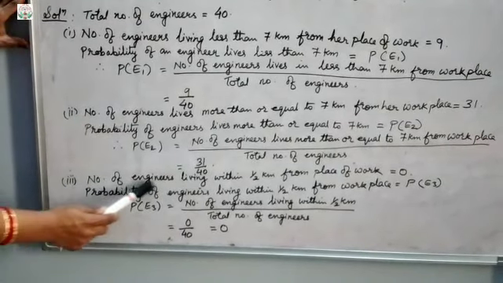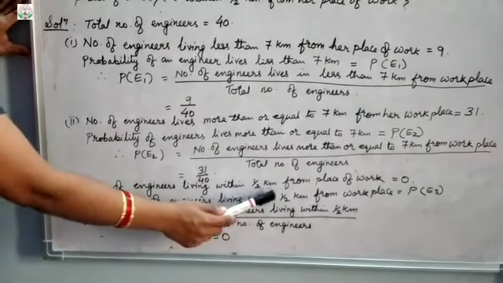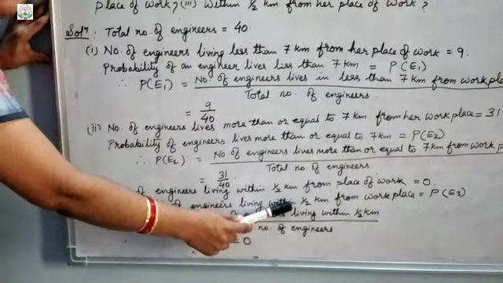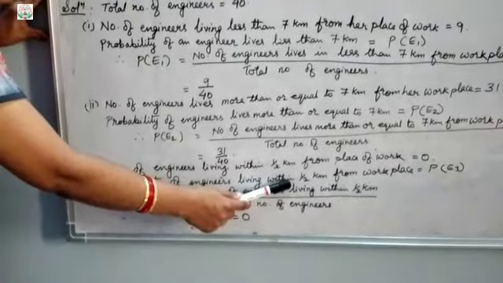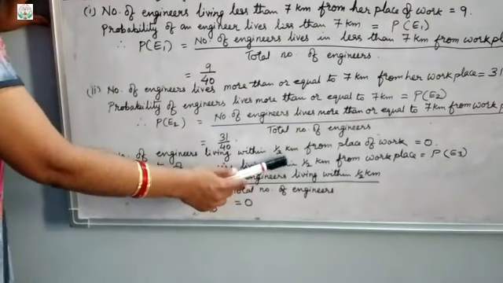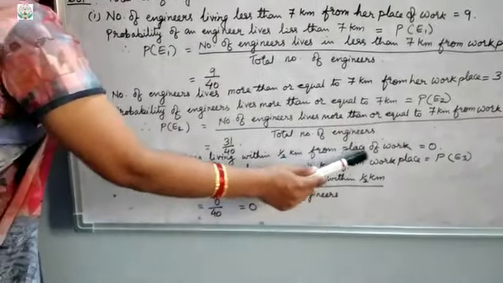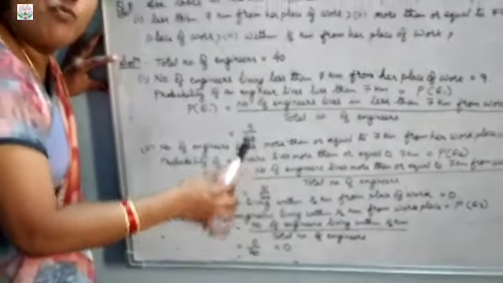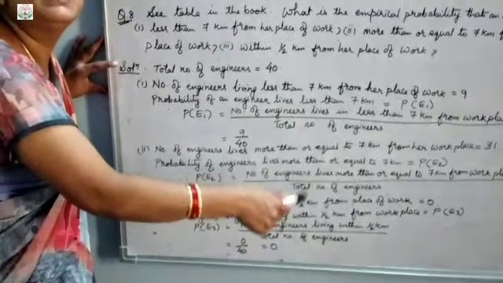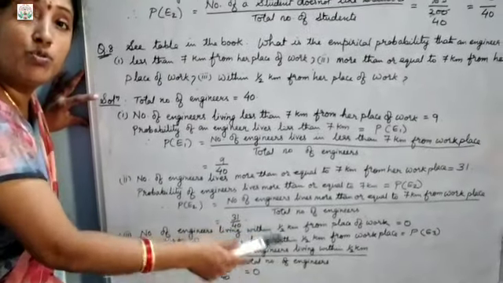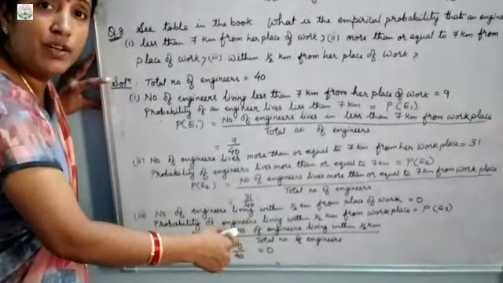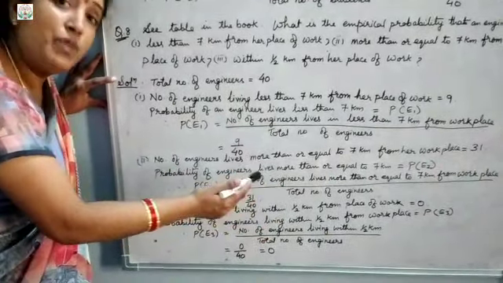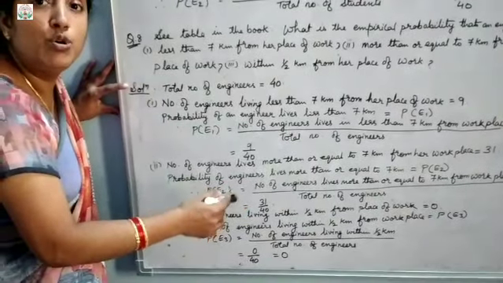That is the number of engineers living within half a kilometer. Half a kilometer means not even 100 meters or 500 meters. So half a kilometer from the place of work. See in that book, less than 1. How many engineers live there? When you count and see the table, none of the numbers are written below 1.